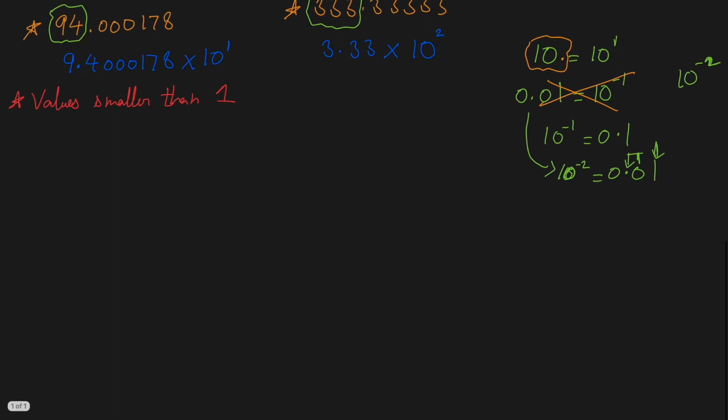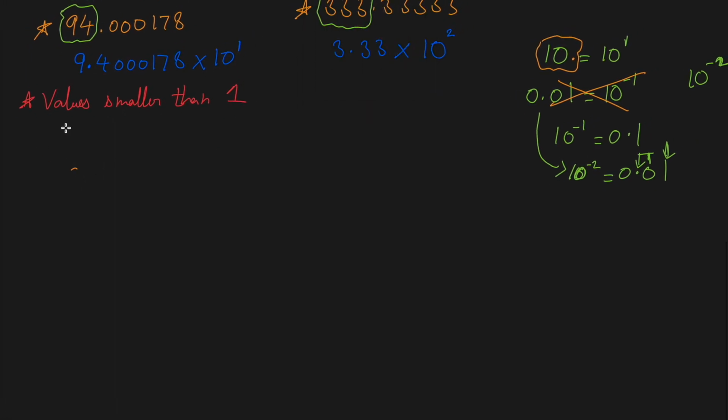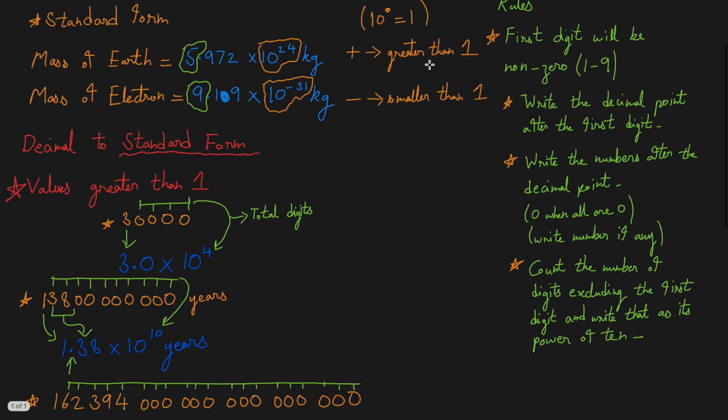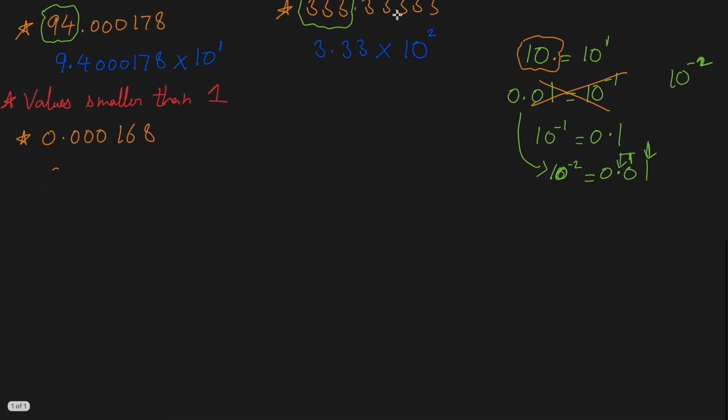So now let's get started with the first value here. The first value will be 0.000168. So okay, now where should I write the rules?